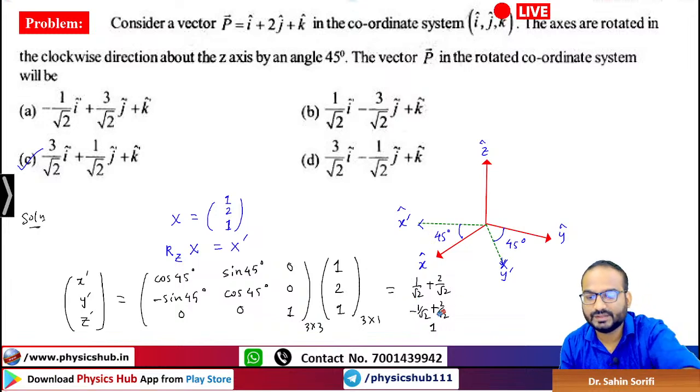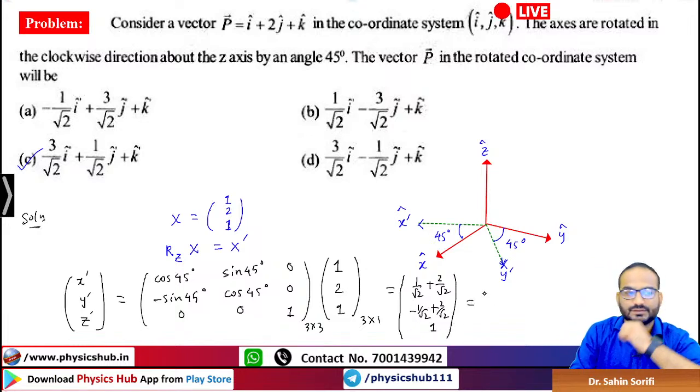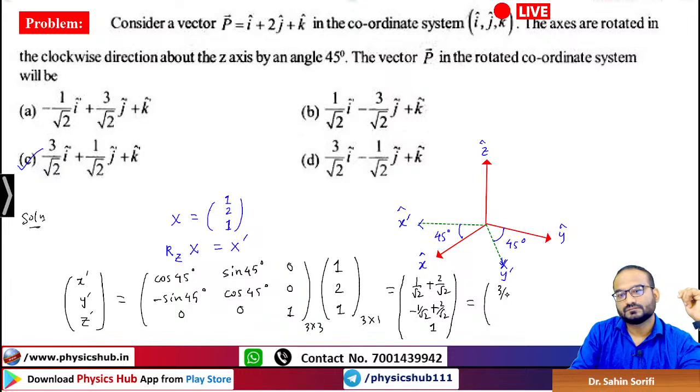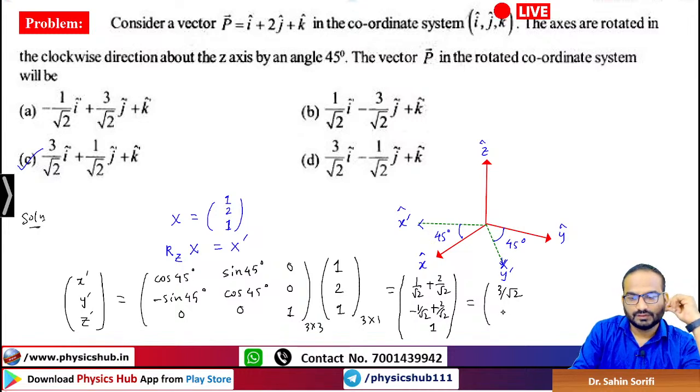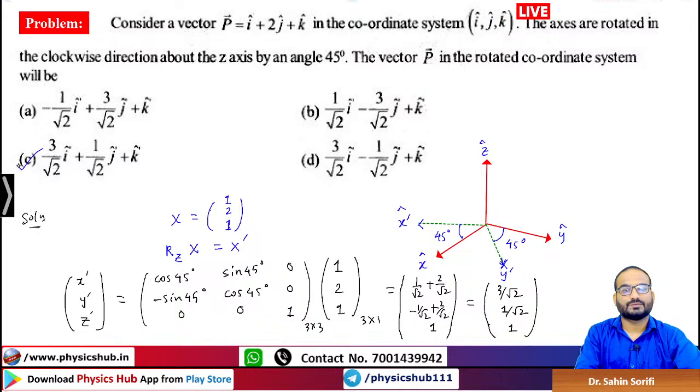So what you get ultimately is 3 by root 2, and this is 1 upon root 2, this is 1. So 3 by root 2 i cap plus 1 by root 2 j cap plus k cap. So option C.